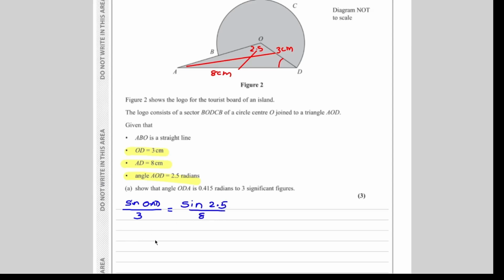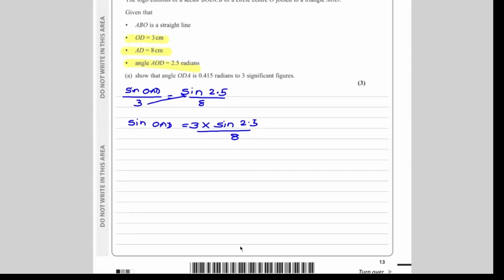Now let's cross multiply. So sine OAD equals 3 times, I'm taking this 3 to this side. So 3 into sine 2.5 over 8. Right, now let's get rid of this sine. I need to send this sine to this side. Then I can get what this angle.